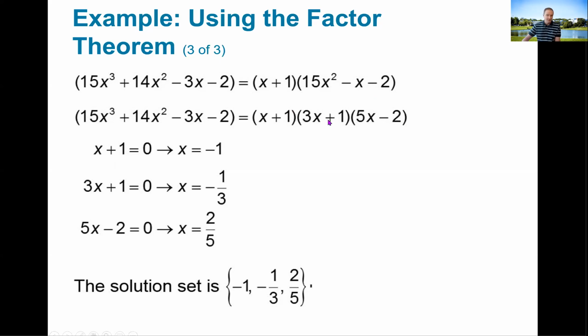The factor of 3x plus 1 gives me a solution of x equals -1/3. And the factor of 5x minus 2, that would give me 5x is equal to 2, x equals 2/5. So my solution set from low to high is going to be -1, -1/3, and 2/5.